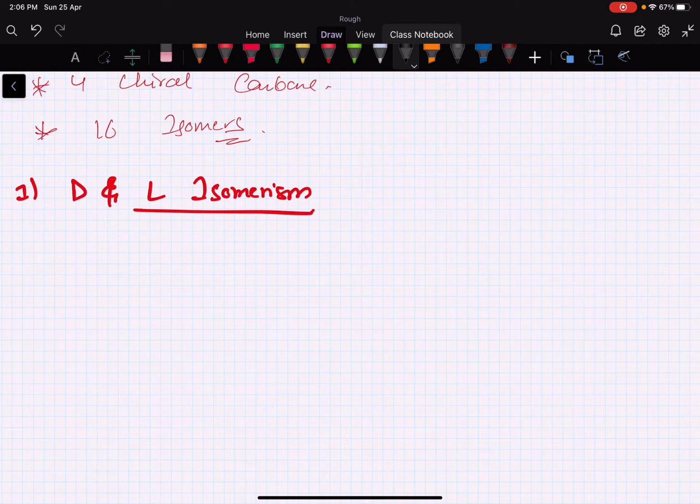The 5th carbon atom of glucose is compared with the 2nd carbon atom of glyceraldehyde, and accordingly D and L forms are understood. First I'll draw D-glyceraldehyde and L-glyceraldehyde, and below them I'm going to draw glucose D and L, by which you can compare both structures.